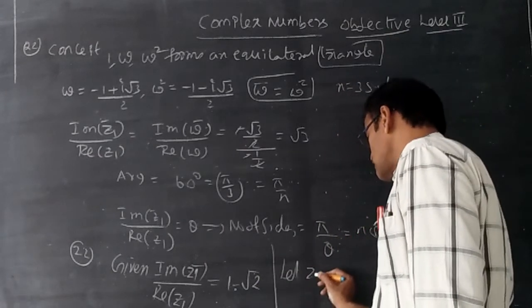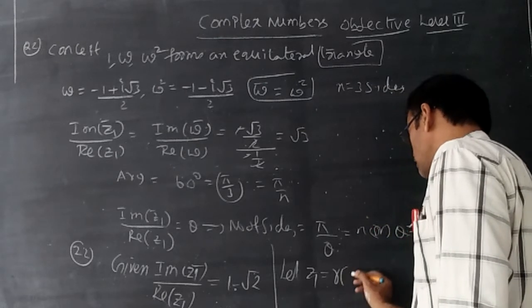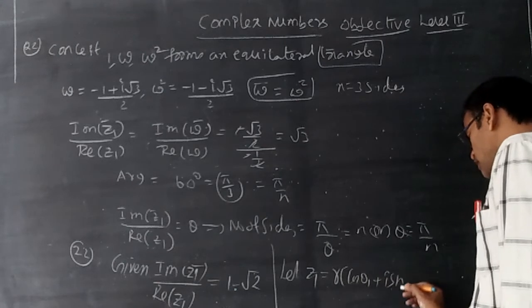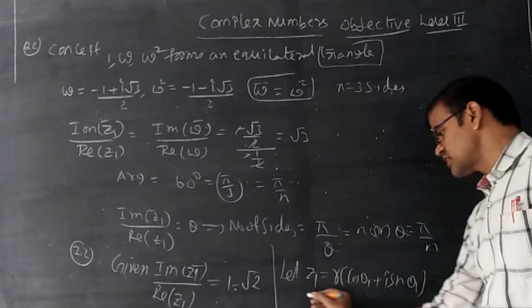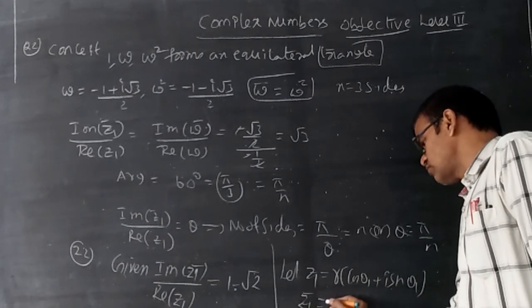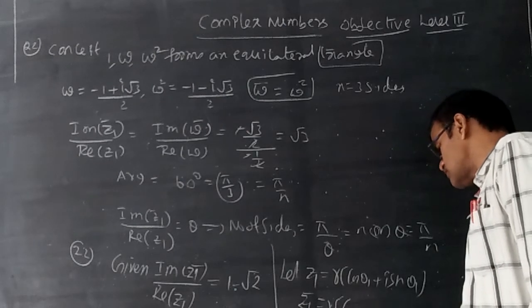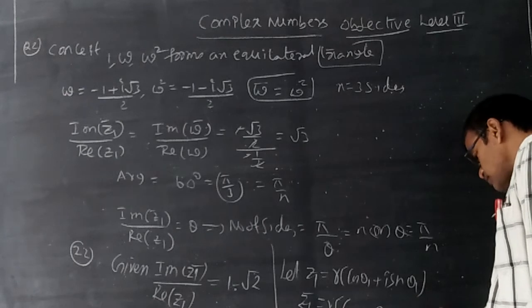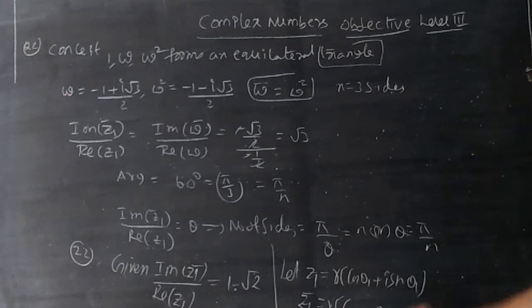Let Z1 be equal to R into cos theta 1 plus I sin theta 1. Now Z1 bar you can write as R into cos theta 1 minus I sin theta 1, because it is the conjugate complex number.